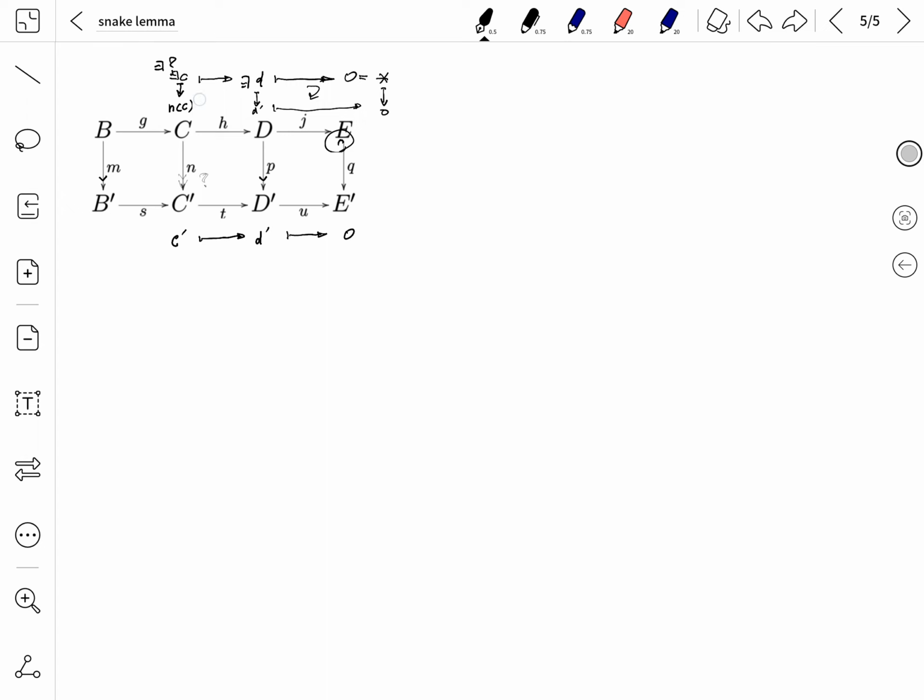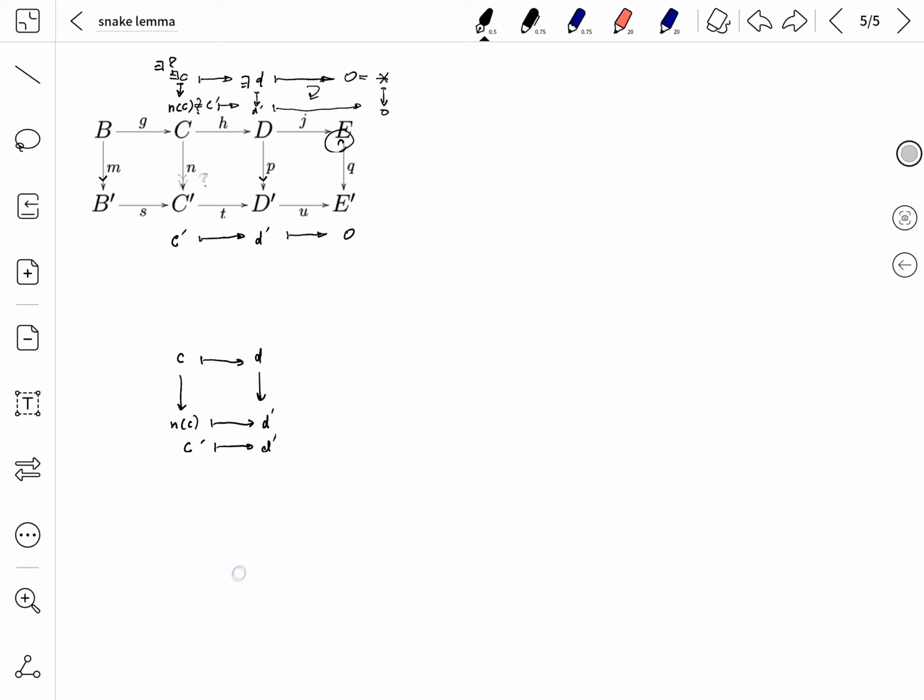But is this C prime? We don't know. But what we know is that this NC is again mapped to D prime. So you have C mapped to D, C mapped to NC, and C mapped to D prime. At the same time, C prime is mapped to D prime.